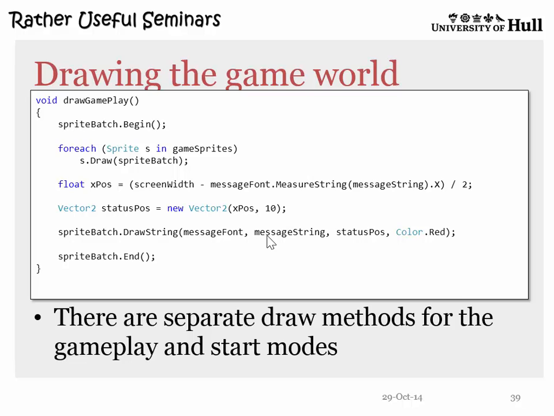And this is the final bit I'll show you before we dive into the code. This is the bit that draws the game world. It goes through each of the sprites and asks it to draw itself. Then it works out the position of my message by finding out how long it is and centering it based on the length of the string and the screen width. And then it just draws this message string.